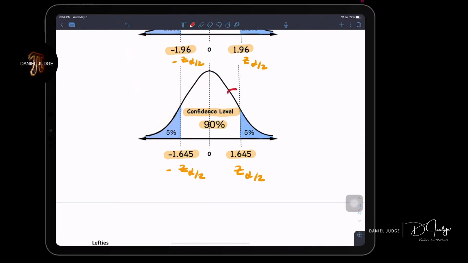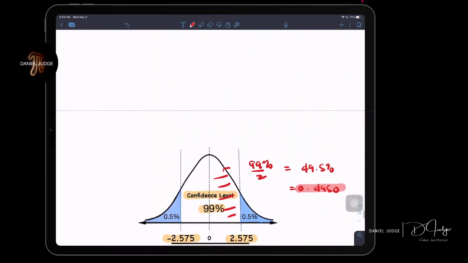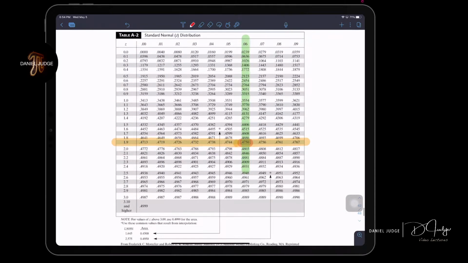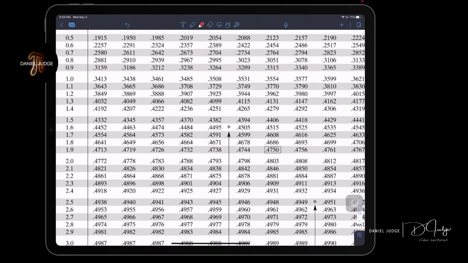How they got them was to take 90%, you divide by 2, you get 45%. This is 45% here, which is 0.4500. So that's 45%. So if you go back and you look for 45%, remember for two tails here, it's right here.